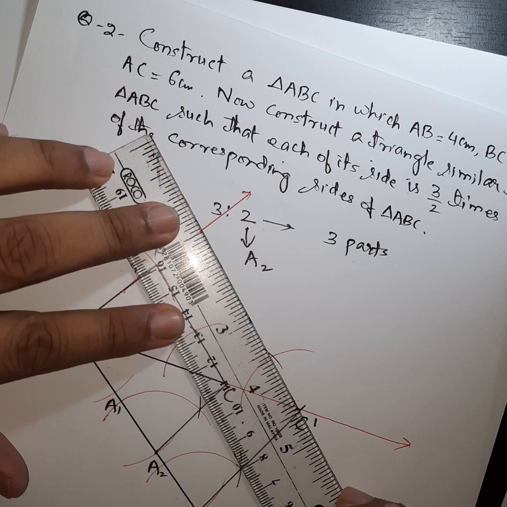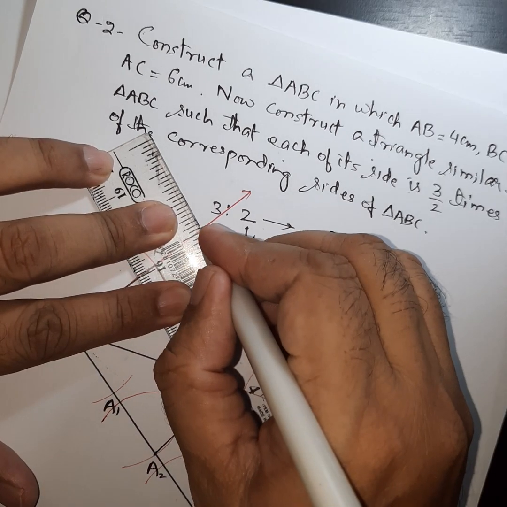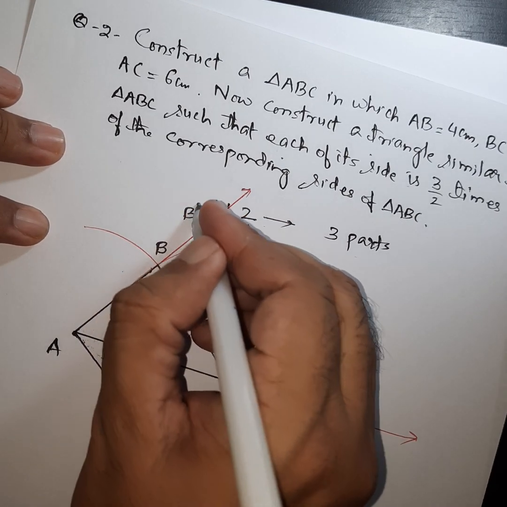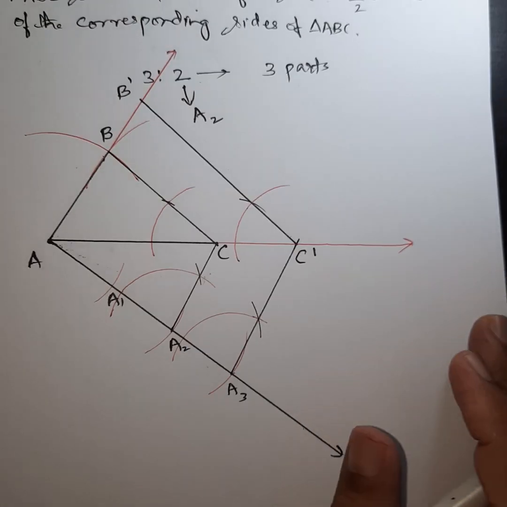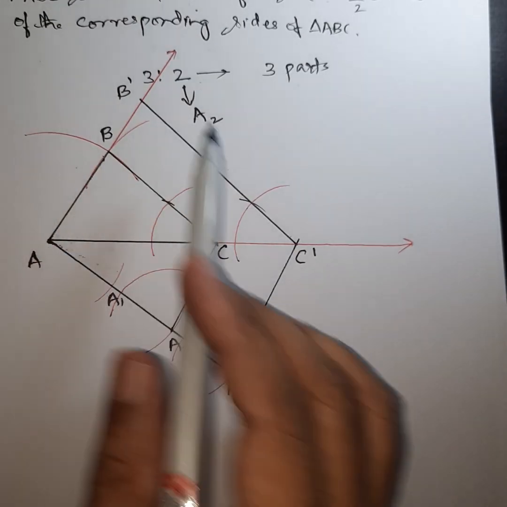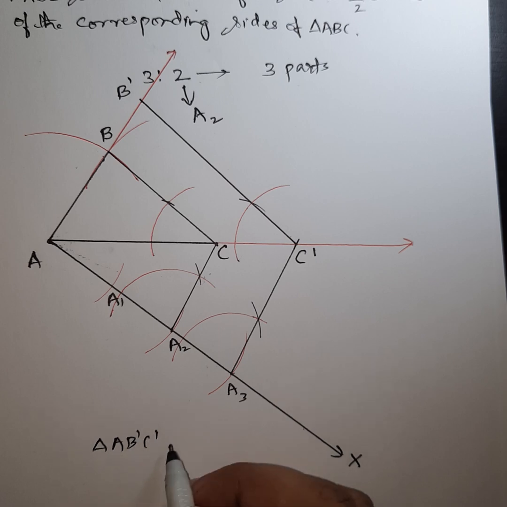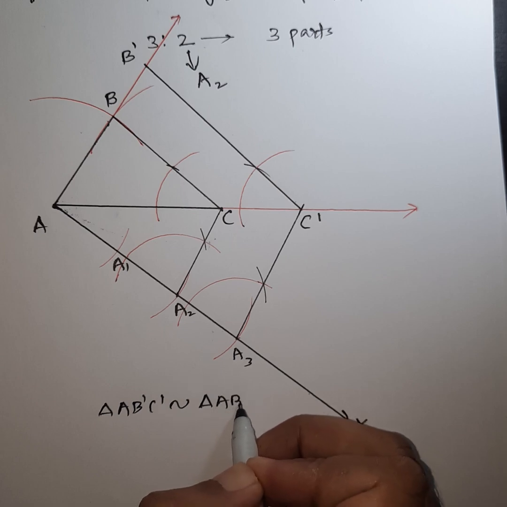Just while drawing, check that it should be parallel to this one. So see, this is parallel to this one, so this point will be B dash. Okay, so the given triangle is ABC and the similar triangle we have drawn is A B dash C dash. So triangle A B dash C dash is similar to triangle ABC.